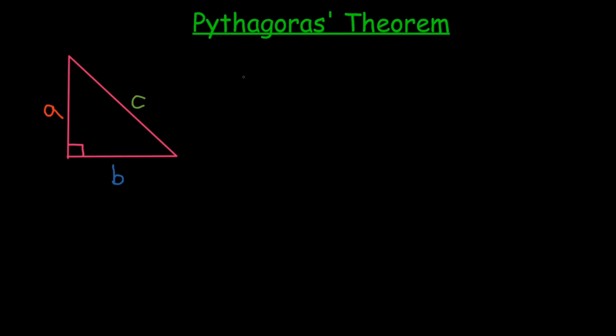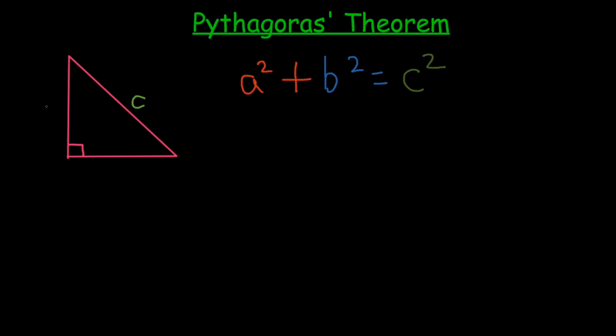Hello. Pythagoras' theorem states that if you have a right-angled triangle with side lengths A, B and hypotenuse C, then A squared plus B squared is equal to C squared.